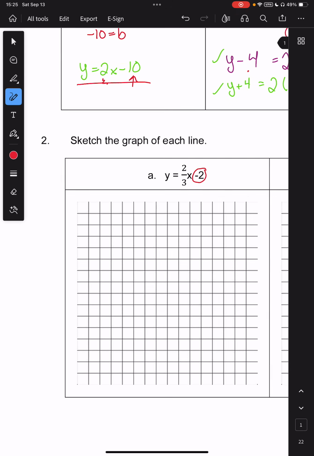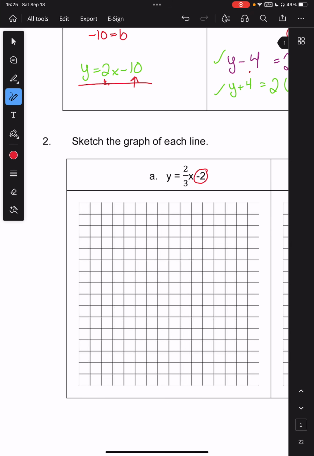And we know that because if we set our x value equal to 0, that's where we get our y. So let's try that on the side. So we're solving for y when our x value is 0. And so when that happens, this part cancels out to just 0, because 0 minus anything is 0, and we're left with y is equal to -2.